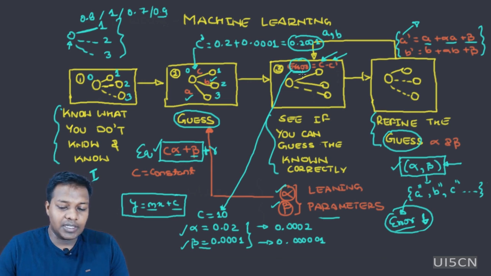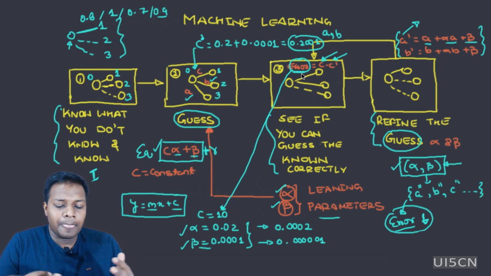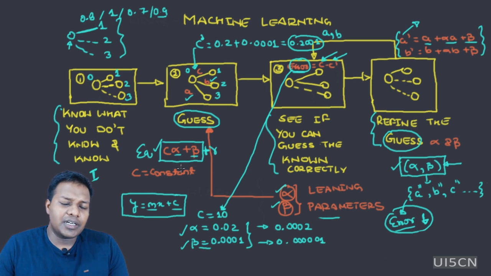Now one question which comes most of the time in this particular explanation of machine learning is, how do we know that when we initially guess and tune our parameter, we are moving towards right direction. We can go in a completely wrong direction also. And how do you know that by only tuning alpha and beta, we will be getting the right result?